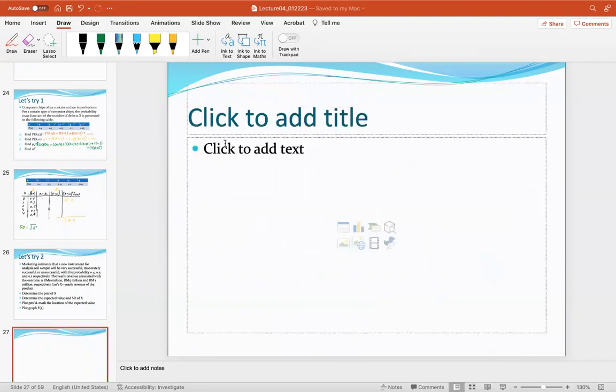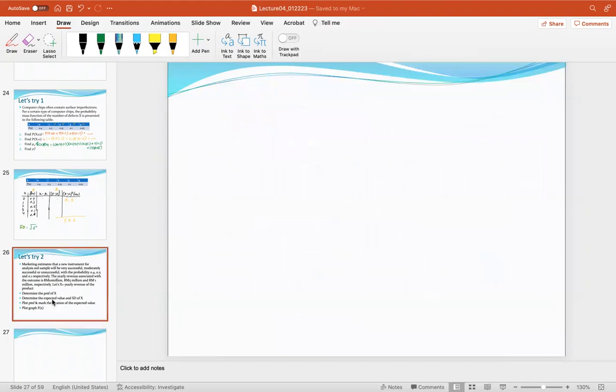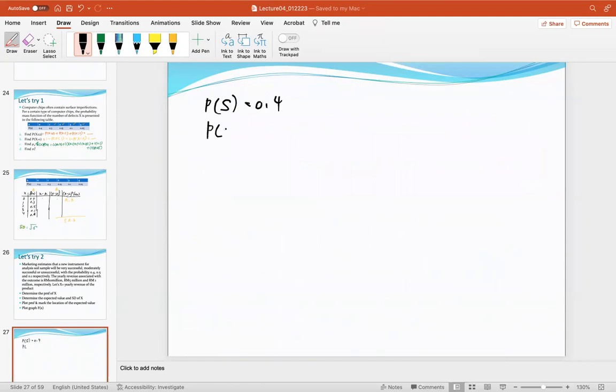So I can write this out as: probability of successful equals 0.4, probability of moderate 0.5, probability of unsuccessful is 0.1.